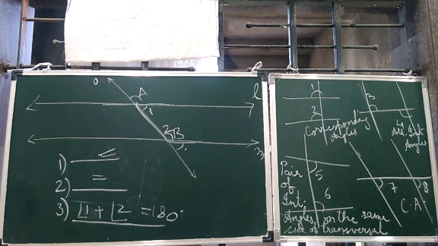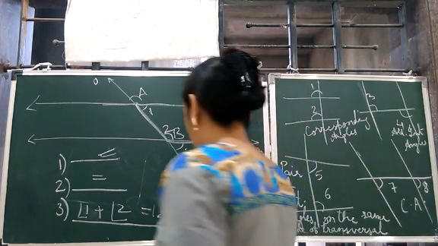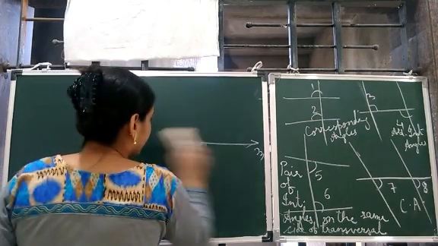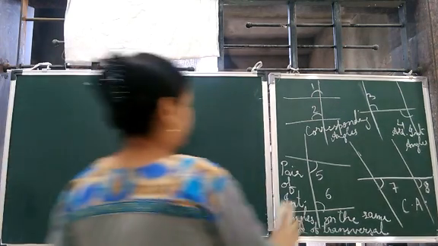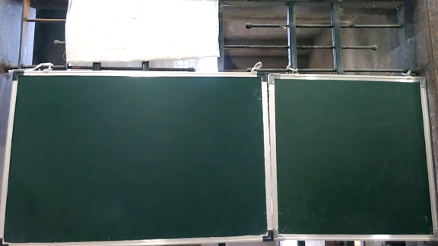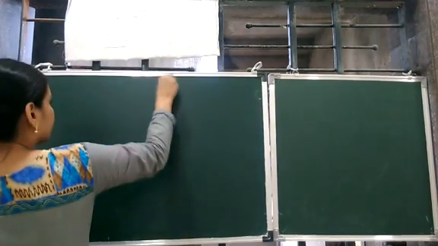Then there is a Try These once again, children. Let's do it. Try These of page number 109. We do it in the book itself. Let me make a diagram for it.